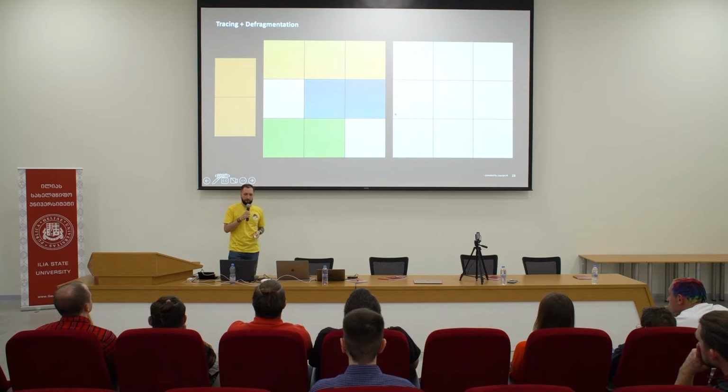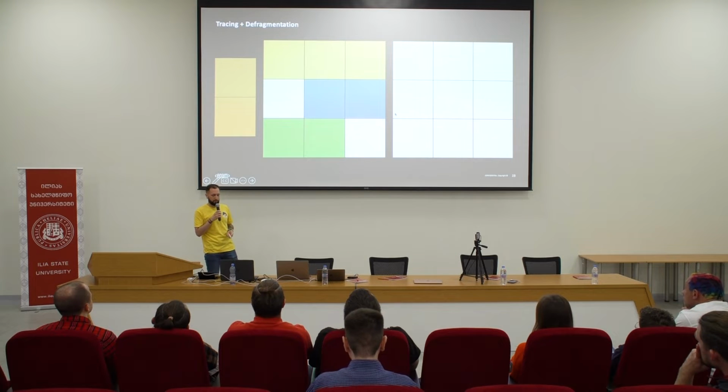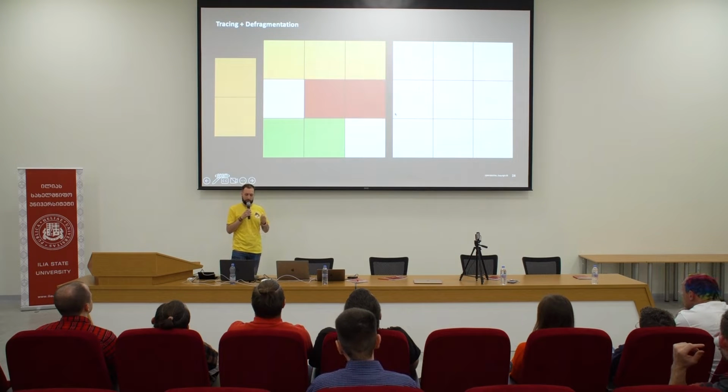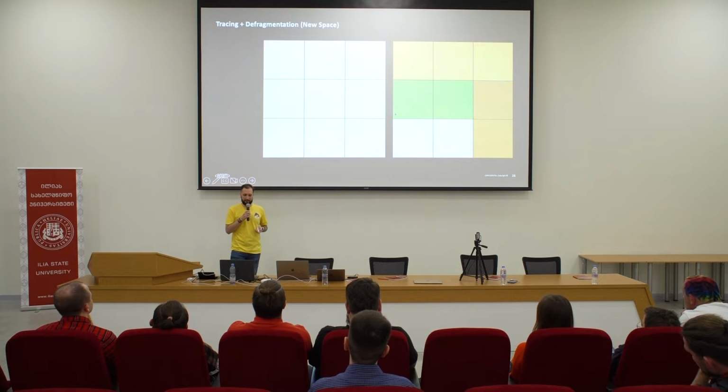V8 is required to allocate memory for that new object. We can't because we would have to split it. So what do we do? We copy. We traced our memory. We decided that some object is no longer required. We copy only surviving objects into the new semi-space. We place the new object here and just clean the memory left behind.